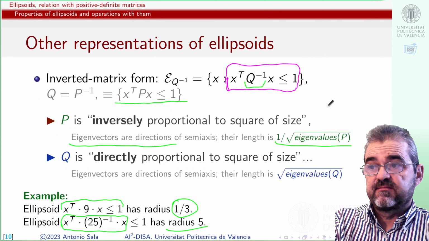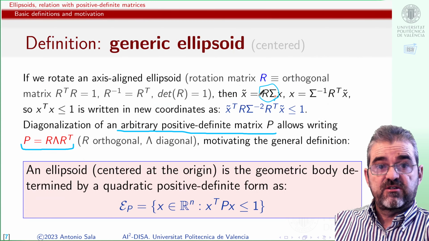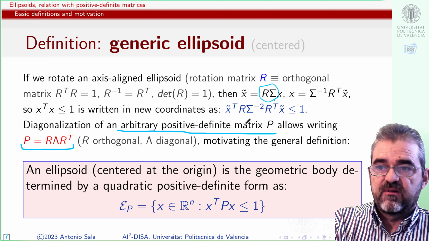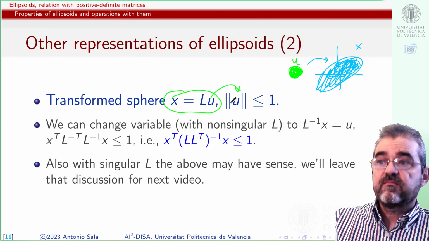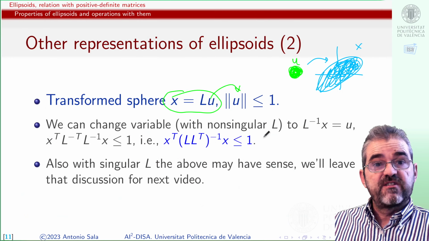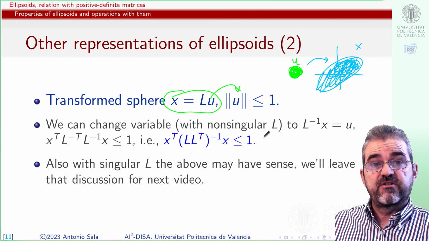Well, in fact, we already discussed it here with a diagonal scaling and a rotation. But this can just be any arbitrary matrix, and the result of multiplying the sphere by any arbitrary linear transformation is also an ellipsoid.